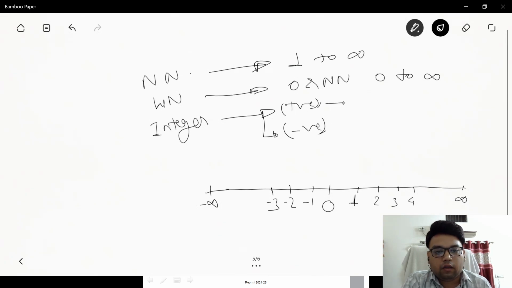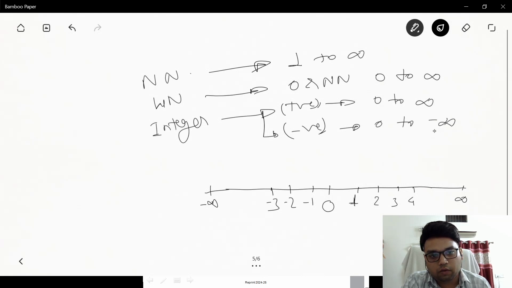That's why the value of positive integer number we can say is 0 to infinity, and the value of negative integer number we can say is 0 to minus infinity. I think you are able to understand what I have written on the board. You are able to simply clarify this value, this data.